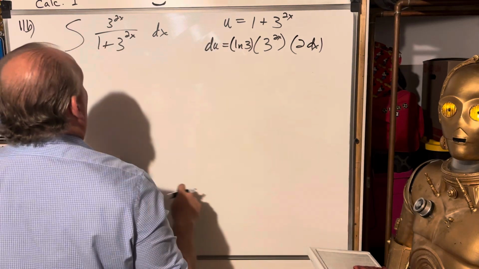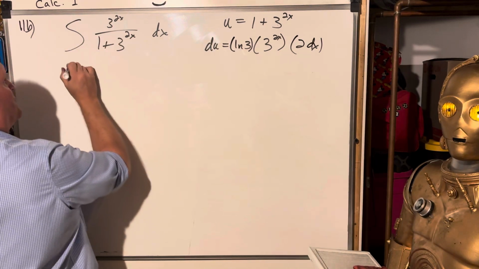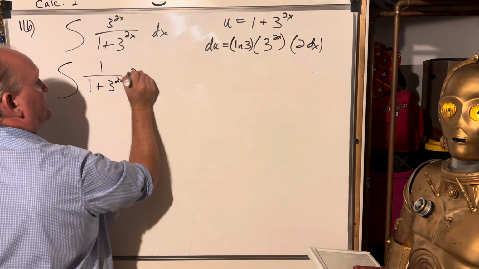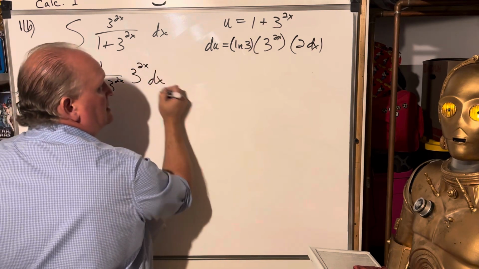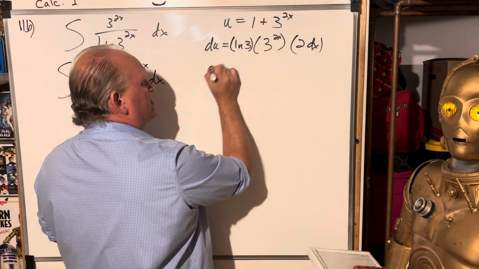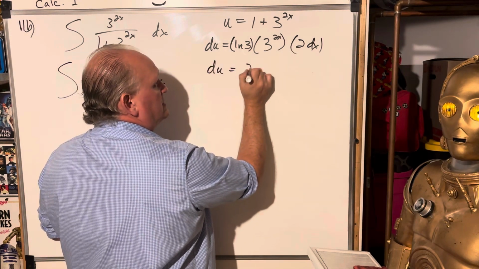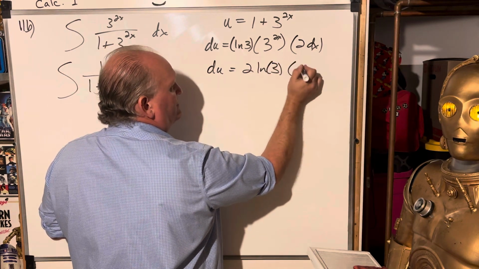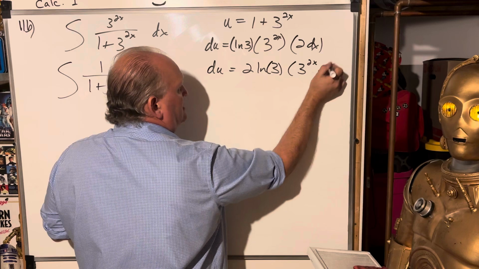And then I look back at what I have. They gave me a 3 to the 2x dx. And I got a 3 to the 2x dx, but I got this other extra junk: 2 ln 3, and then times 3 to the 2x dx.